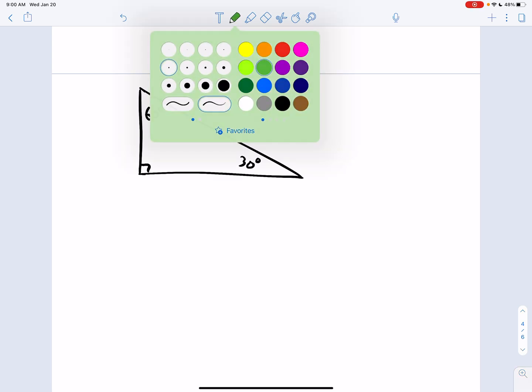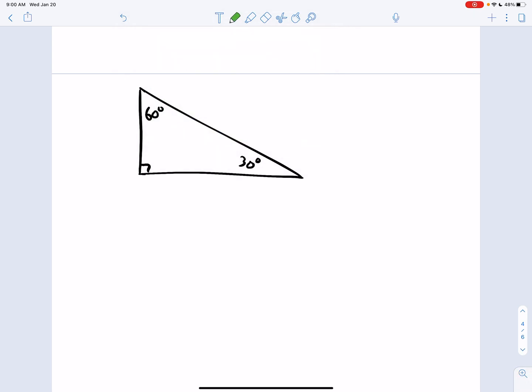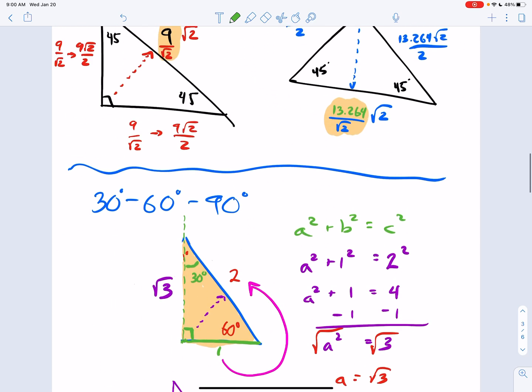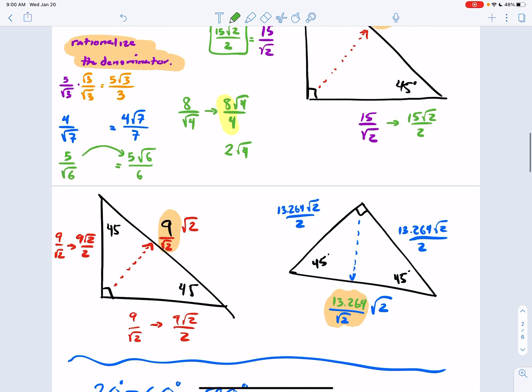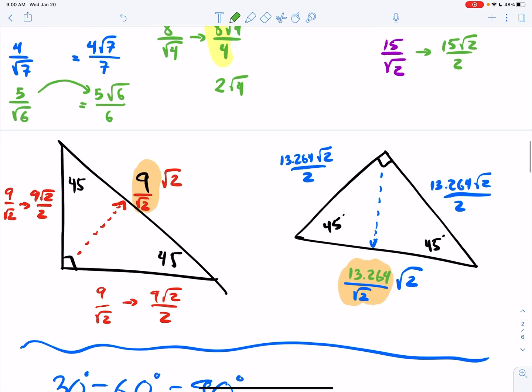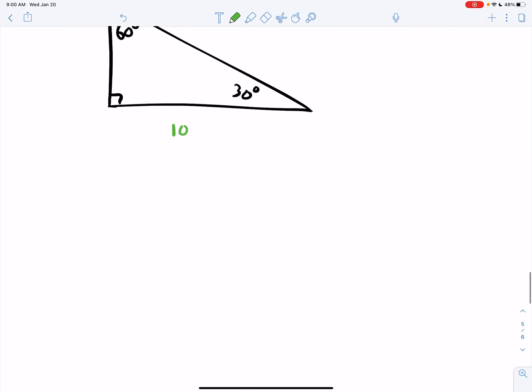For instance, what if I told you that this was 10? Okay? Similar to the 45, 45, 90 triangle, when the hypotenuse doesn't have a radical 2, you put 1 there, right? So we're going to do that same idea here.